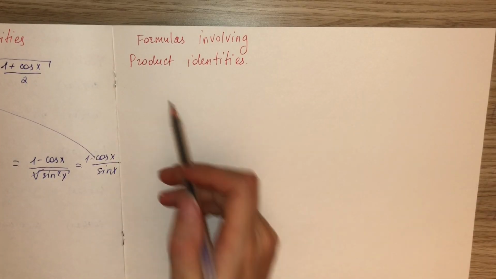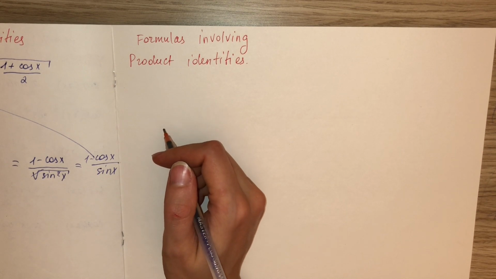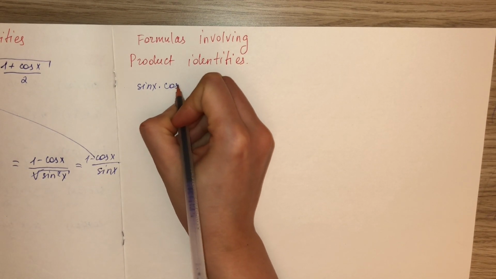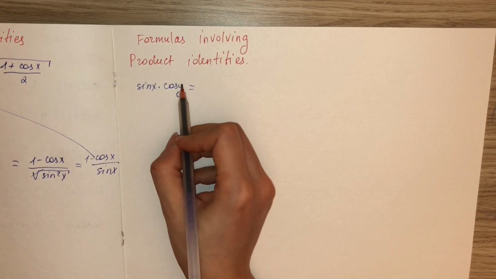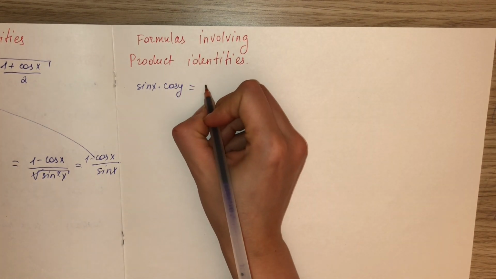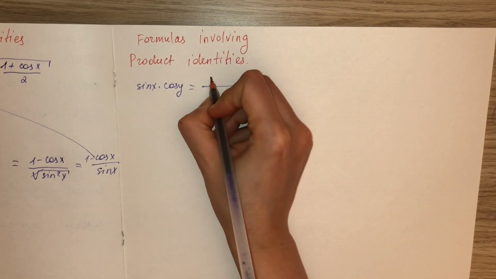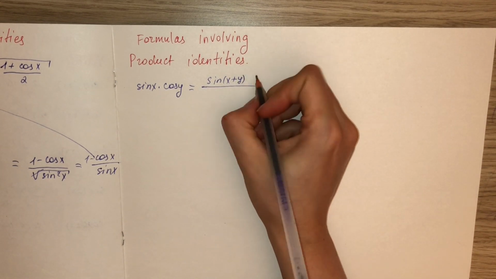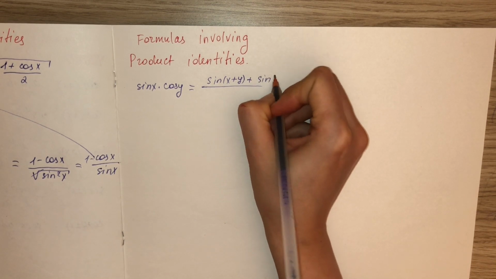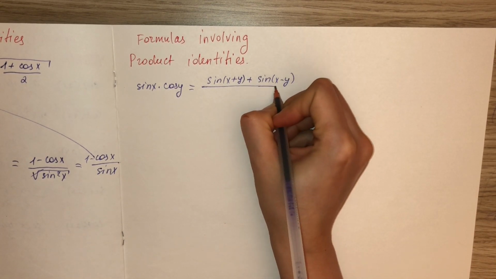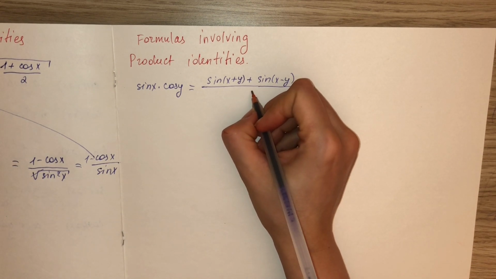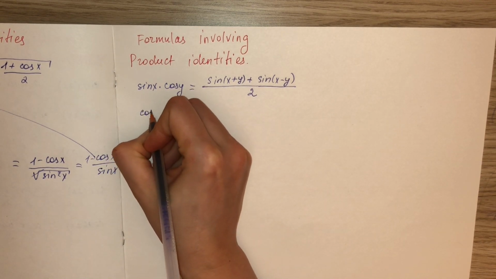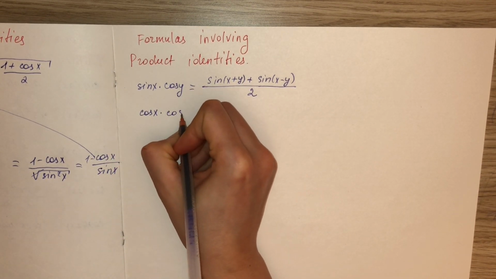Next are the formulas involving product identities. So sine x times cosine y. You see the angles are different. It's equal to sine x plus y plus sine x minus y, and in the denominator we write 2. What about cosine x cosine y?